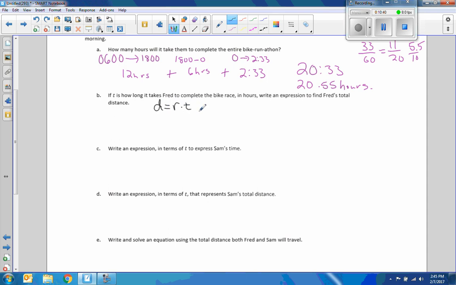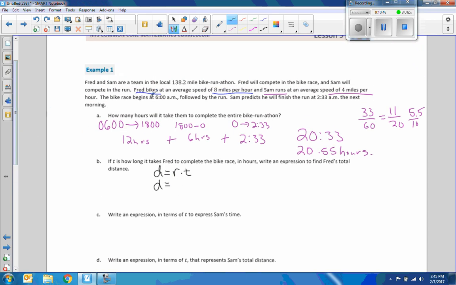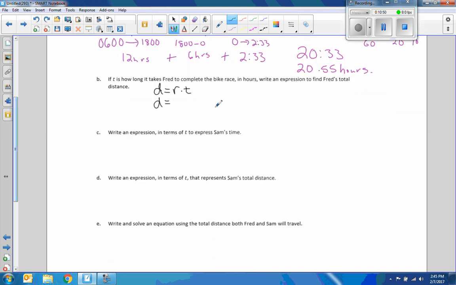D equals R times T. And in this case, we're talking about Fred biking, his rate is 8 miles per hour. So you take that 8 times time to determine the distance. So if I want an expression of Fred's total distance, the expression is not an equation. The expression is just simply what the distance is equal to. There's my expression, 8T.